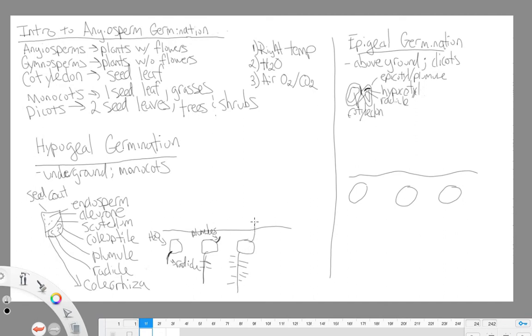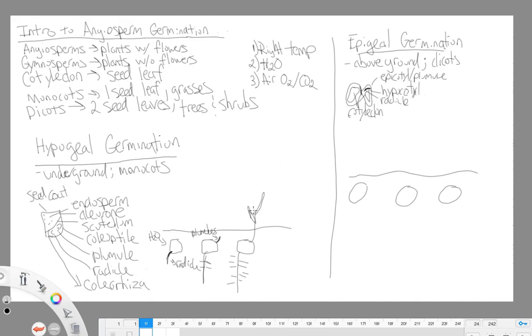Eventually, this is going to break through the surface, and then we'll have the first true leaves that start developing. So a pretty simple pattern. The important thing is that these cotyledons stay below ground, and much of this germination takes place below ground. It is just the plumule, that shoot, that emerges from the ground.